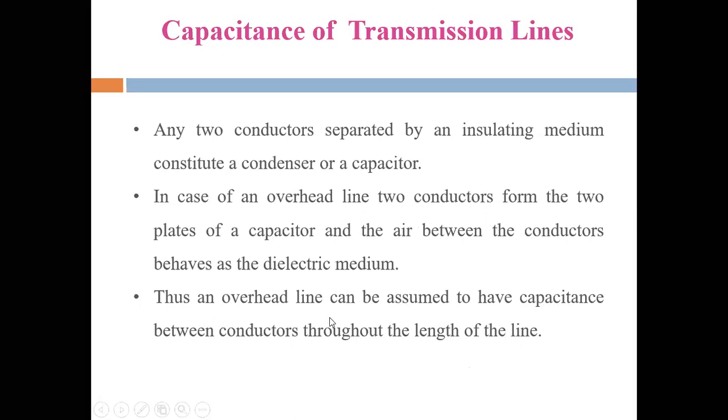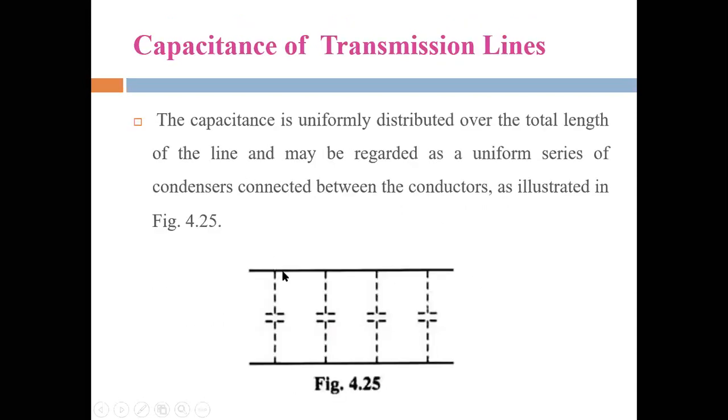Therefore the capacitance is placed along the total length of the transmission line. The two parallel conductors act as the plates of the capacitor, and the air acts as a dielectric medium in between them.